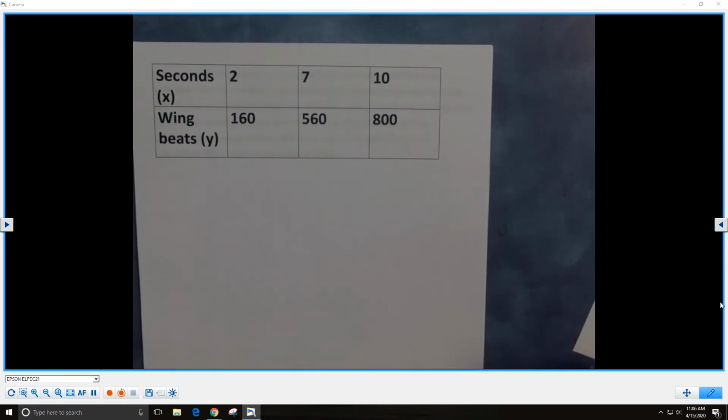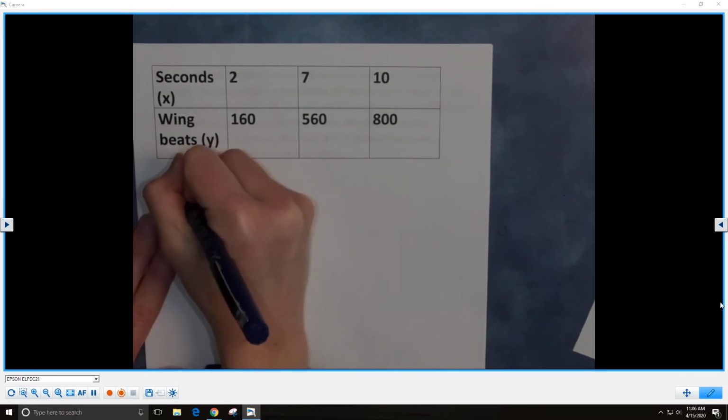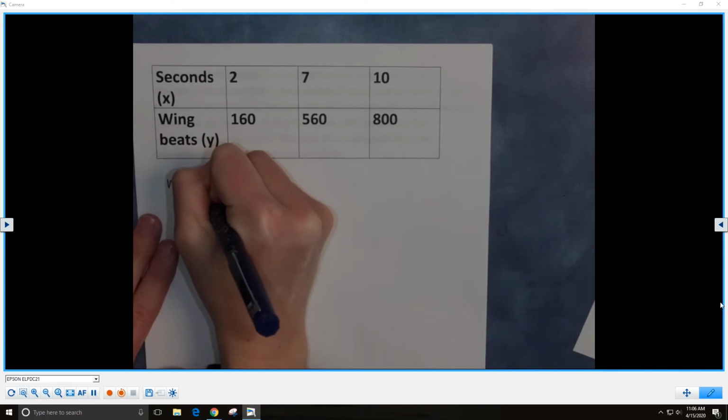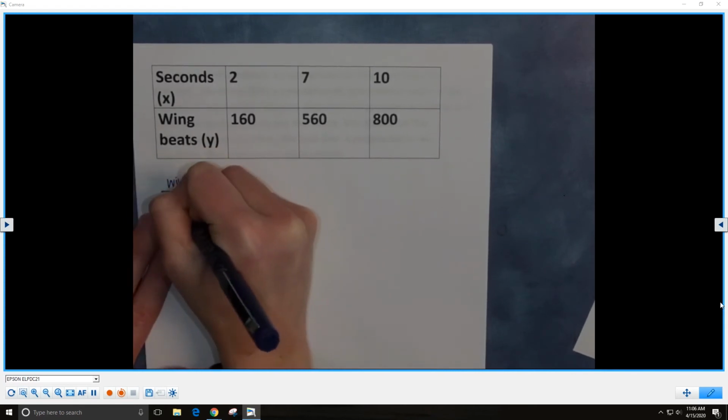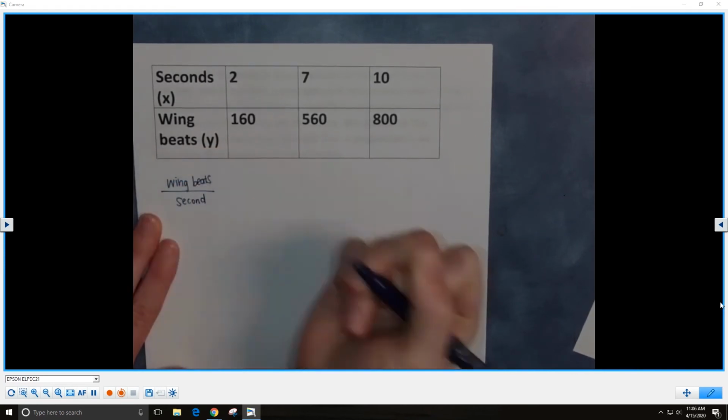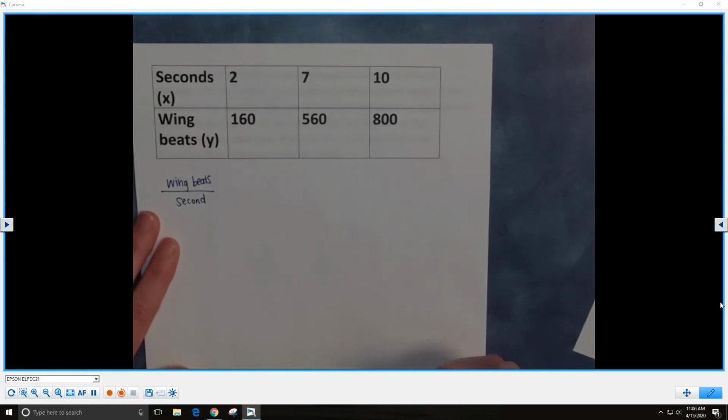First, let's verify that this is a proportional relationship. How do we determine a proportional relationship? Right, we can find the ratio of wing beats per second and see if all of those ratios are equivalent.